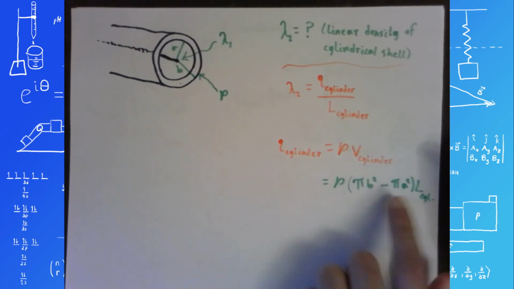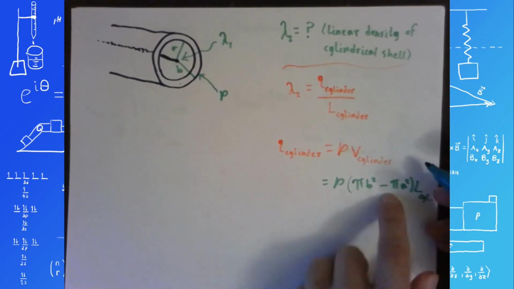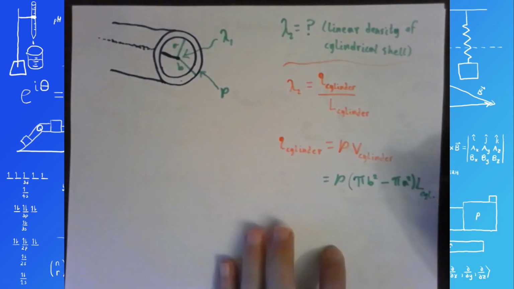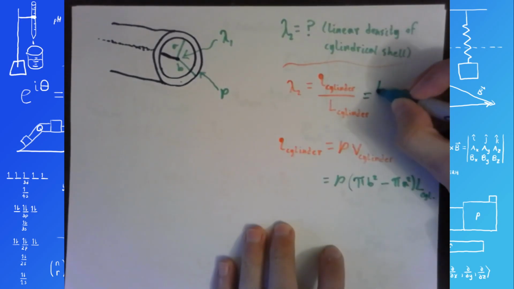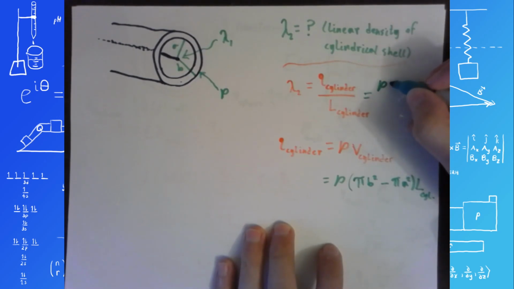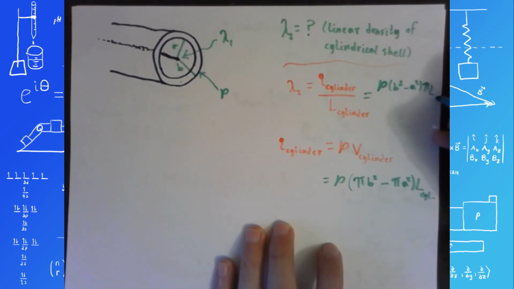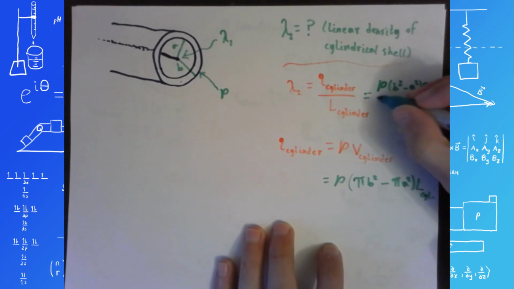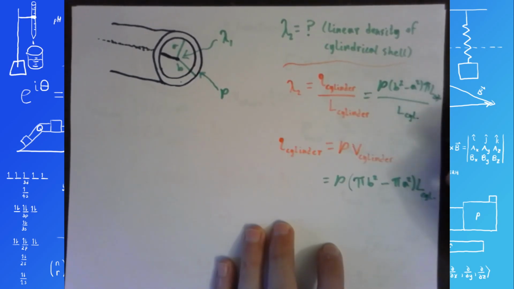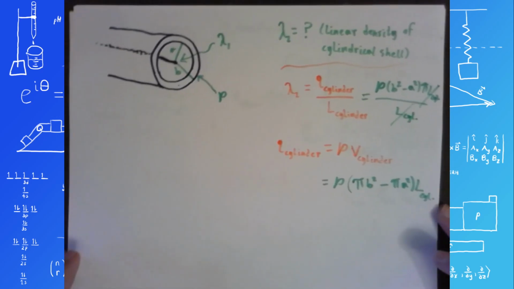Okay, if we take this expression and plug it back into here, then we now have rho times, actually I can also factor out the pi, rho times b squared minus a squared times pi times L cylinder over L cylinder. Whatever the length of this thing is, it cancels out.